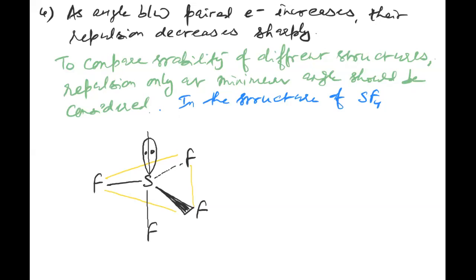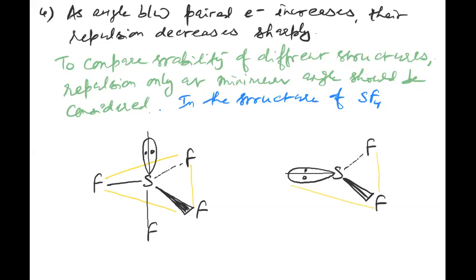Similarly, another possible structure of SF4 has a similar orientation, with one fluorine going inside the surface of the board, one fluorine coming outward, and others in the plane of the board.